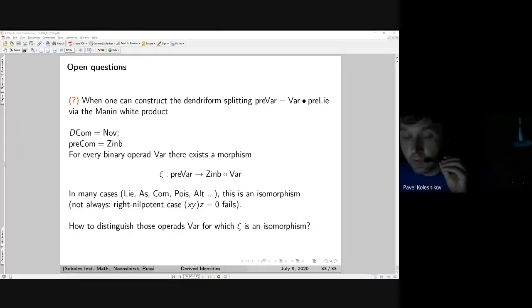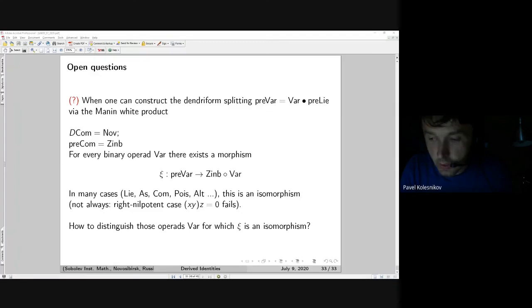Well, the rule is very natural. Let me use the chat. Say, if a right b is d of a b. If the product is commutative, for example, then d of a b is just b times d of a.